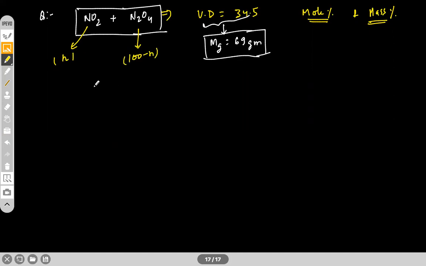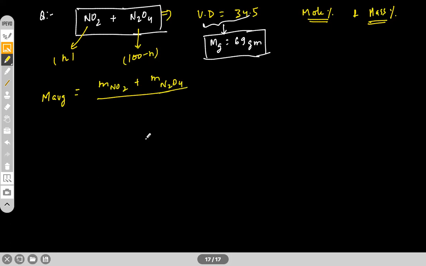Then M average equals total mass, which means mass of NO2 plus mass of N2O4, divided by total number of moles.